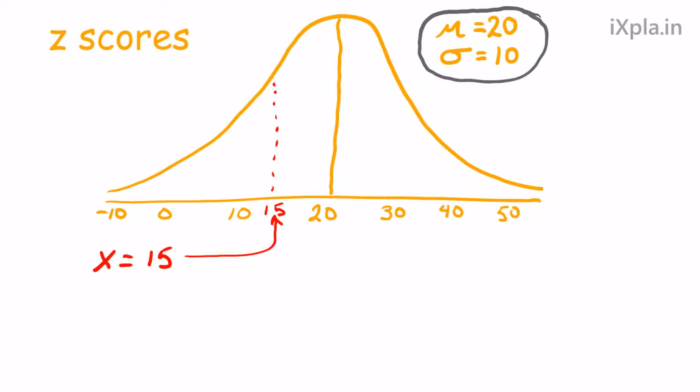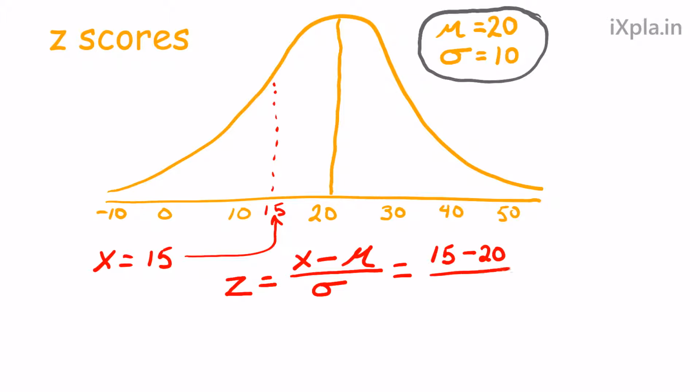The normal distribution is right there on the number line. I've noticed where 15 is, and I want to know, how well did I do? How many people did I score better than if I scored 15? If the mean is 20 and the standard deviation is 10, I'm going to be able to use z-scores to figure out how well I did relative to other people.